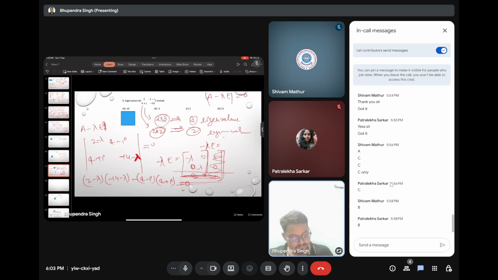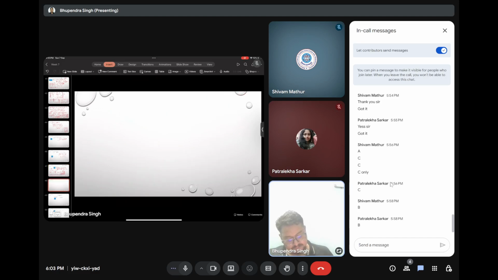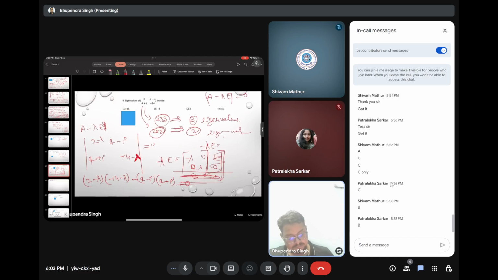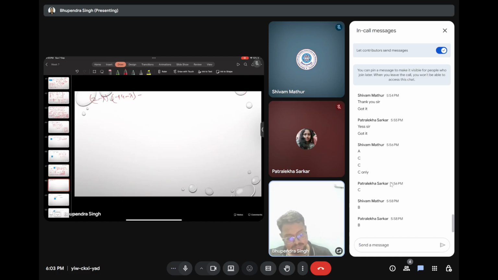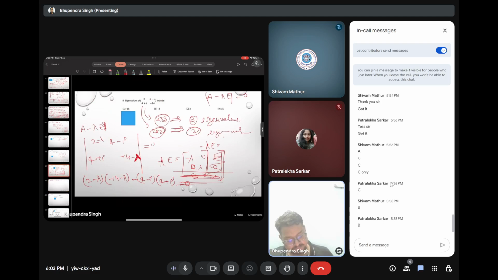So it will be 2 minus lambda times minus 14 minus lambda, minus, so this is 4 minus i multiplied by 4 plus i, equal to 0. Yes.